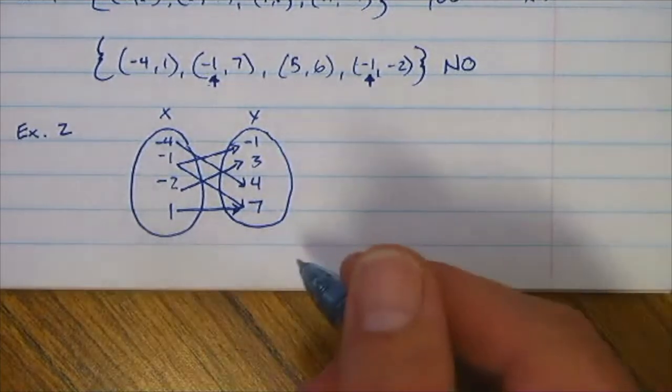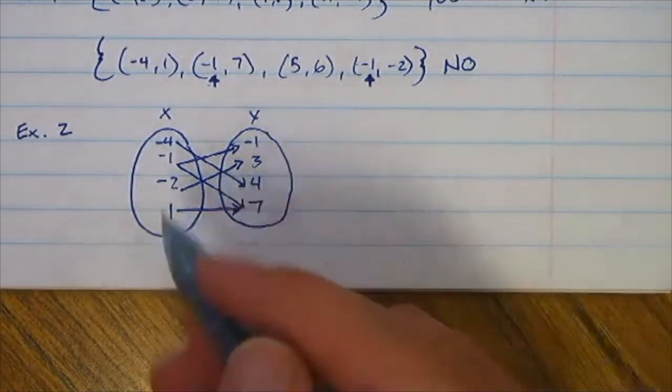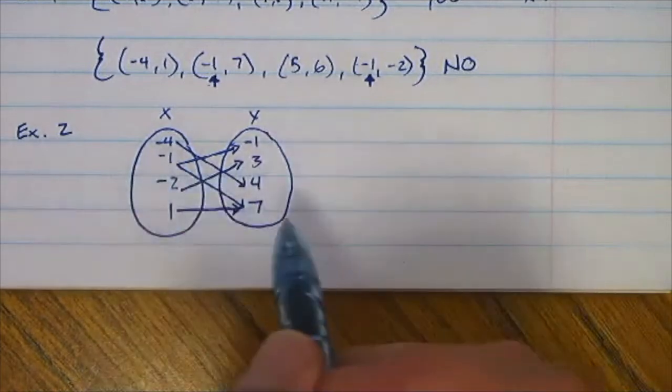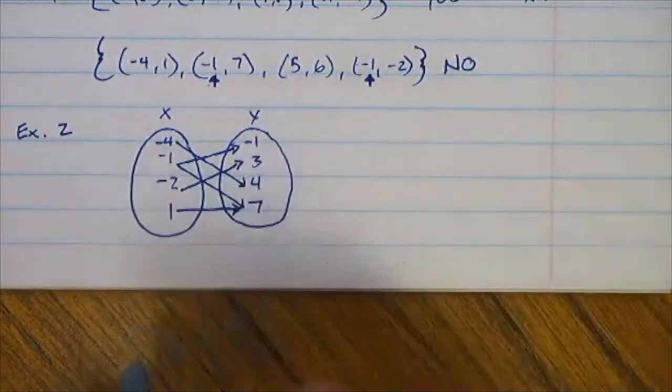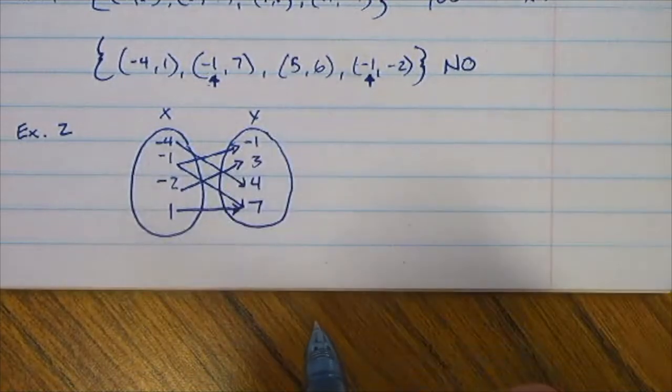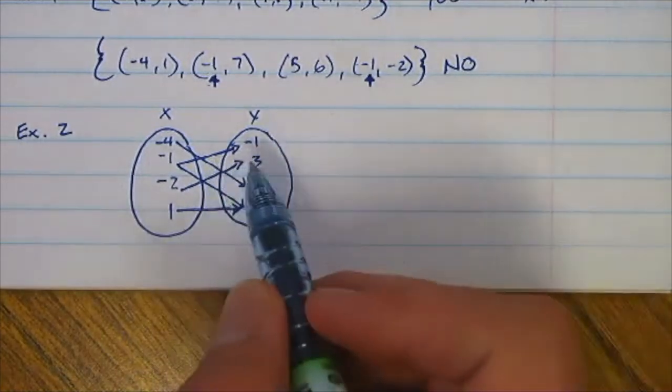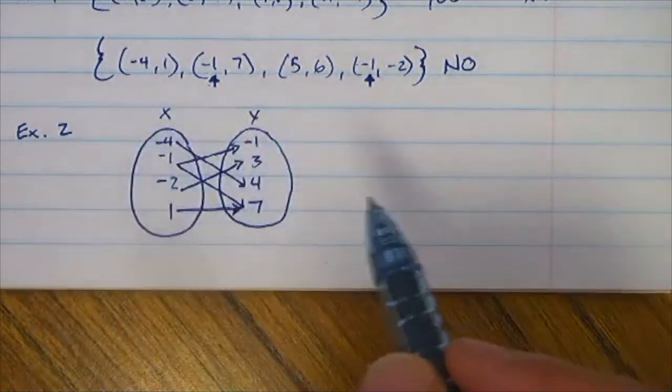or make a table. But what we're looking at is, do we have any repeat inputs, repeat x values? Because again, if that repeats, then we have a problem. We have this mix up in outputs.